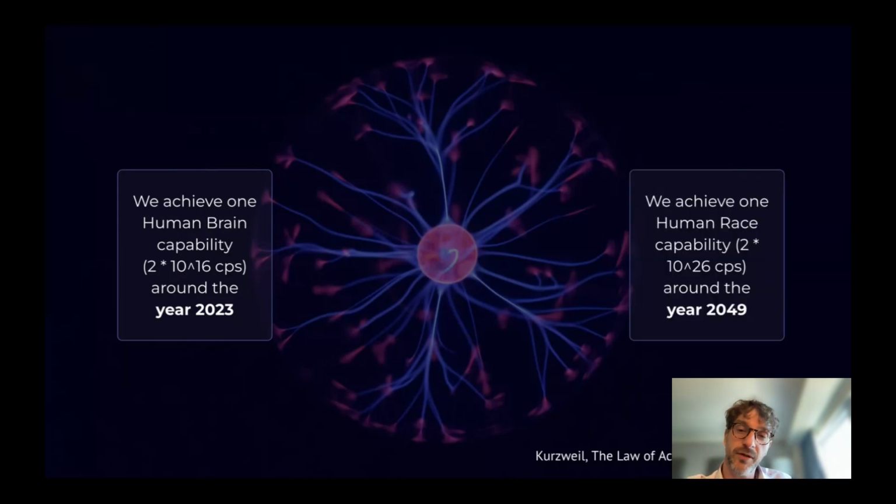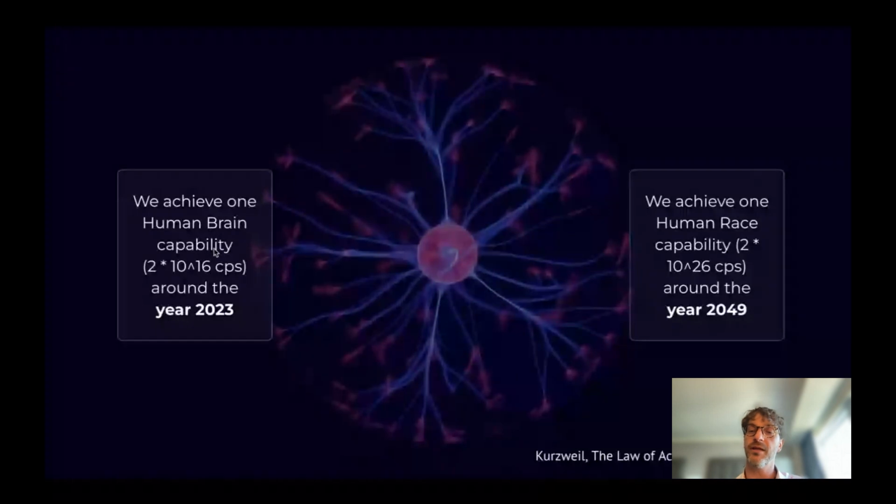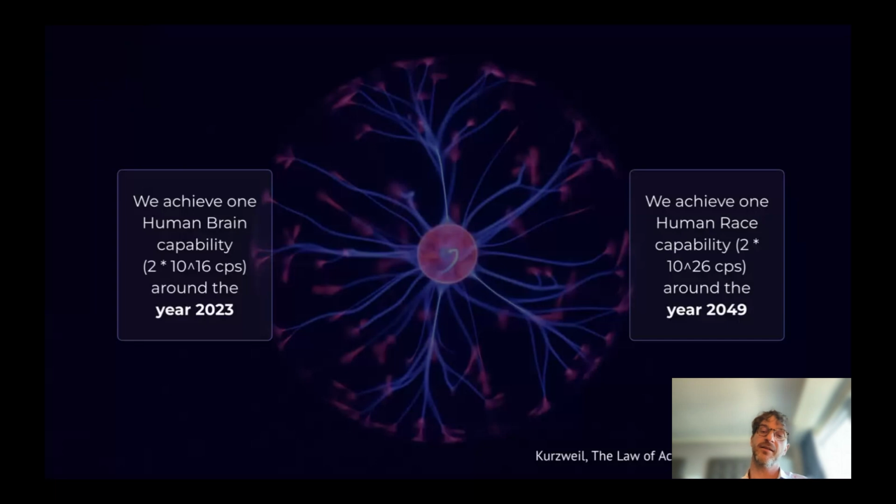What he predicted was that we're going to achieve one human race capability, which is 2 times 10 to the 26 calculations per second, in the year 2049. So once again, he said that for $1,000, that was the number, you'd be able to buy a human brain capability in 2023, and in 2049 you would buy the entire human species, so this number multiplied by about 10 billion, for $1,000. That's the thing that's kind of crazy.